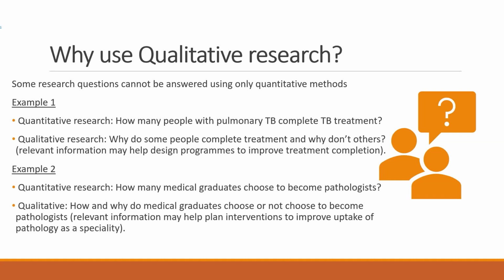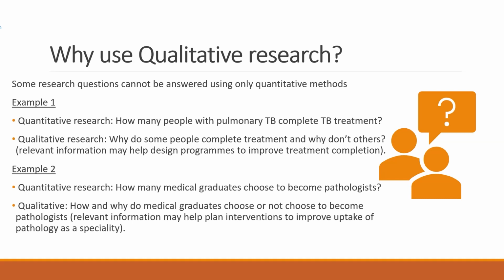But if you want to know why some people complete treatment and why others do not complete treatment, you can't do a quantitative study because these are people's beliefs and opinions, and they're just not amenable to numbers. So you would design a qualitative research project, and the information obtained would help you implement something to improve people's uptake of TB medication.